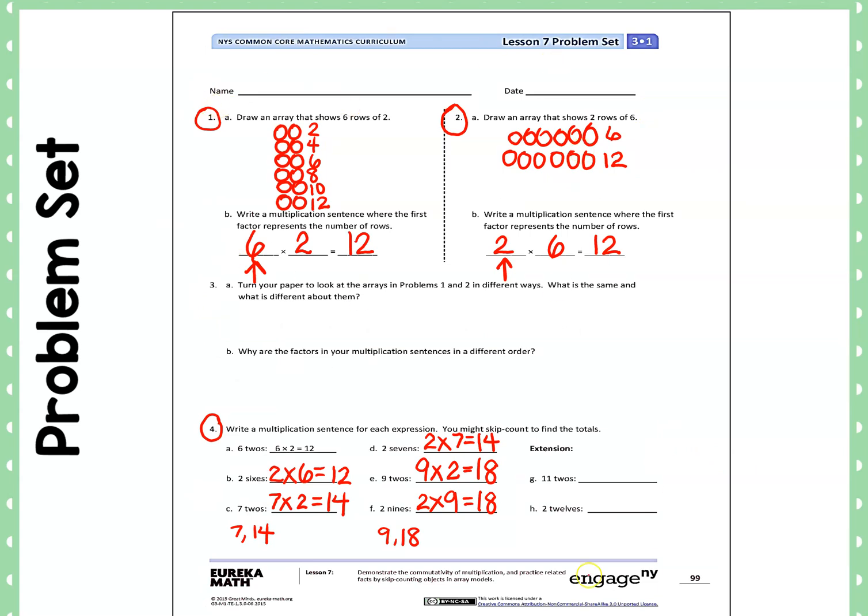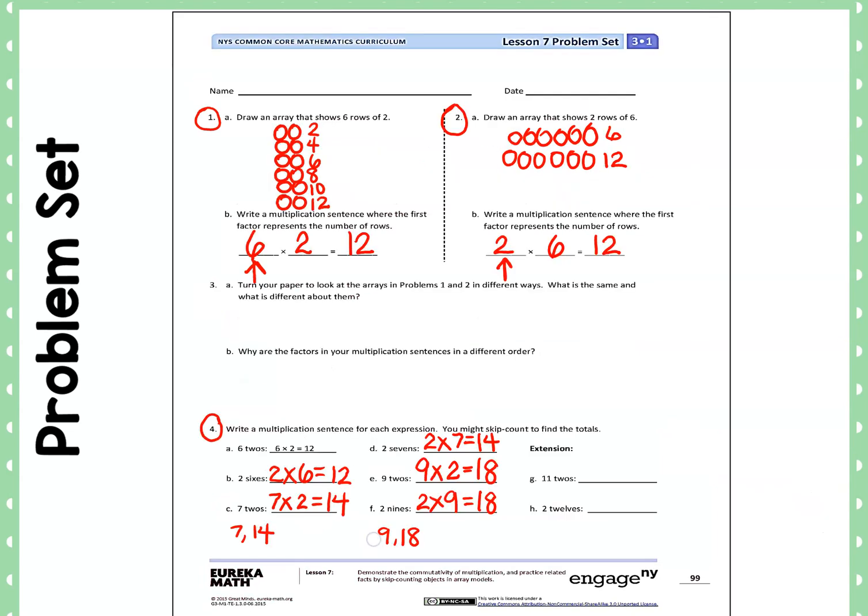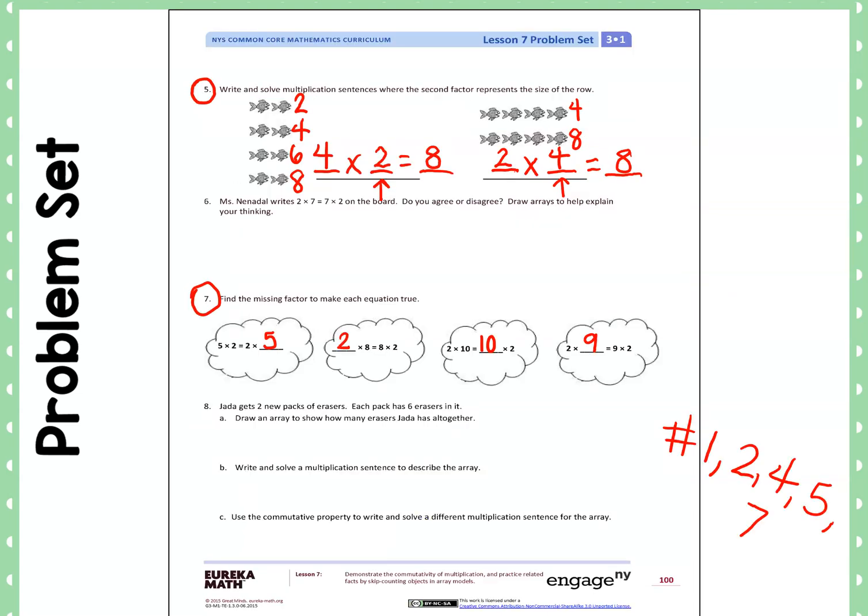Then you're going to be doing number 4, just like we did together. Number 5, just like we did together. And number 7, like we did together. So the numbers will be just a little bit different than on our problem set, okay, but the idea will stay the same. So if you need help with those problems, come back and watch our video again because they're very similar. Good luck, you guys will do great.